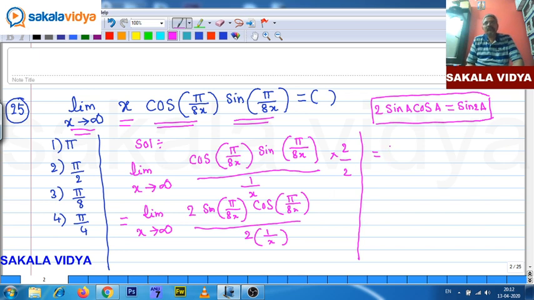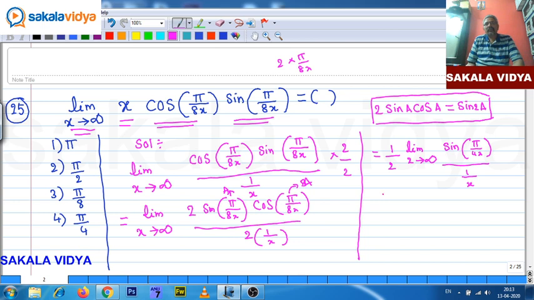With the help of this formula, now we can write this is equal to, this 1 by 2 is taken common out, 1 by 2 limit x tends to infinity, this is 2 sin A cos A, which is equal to sin 2A. That means sine of 2 into pi by 8x, that will be sin pi by 4x upon 1 by x.